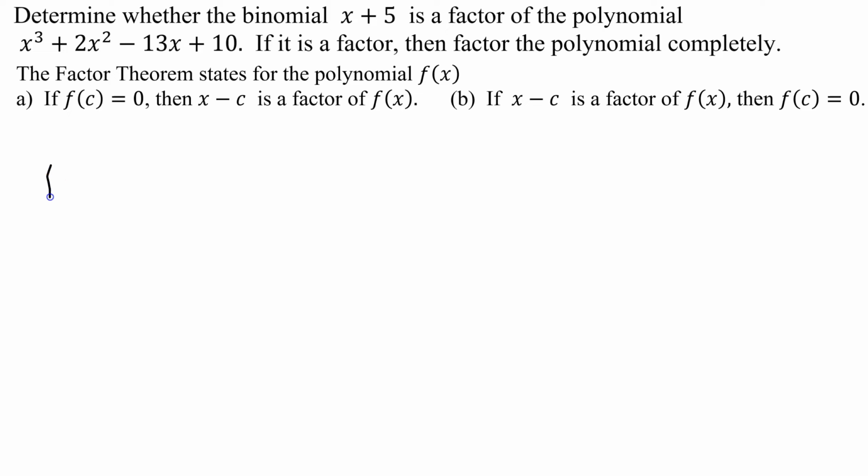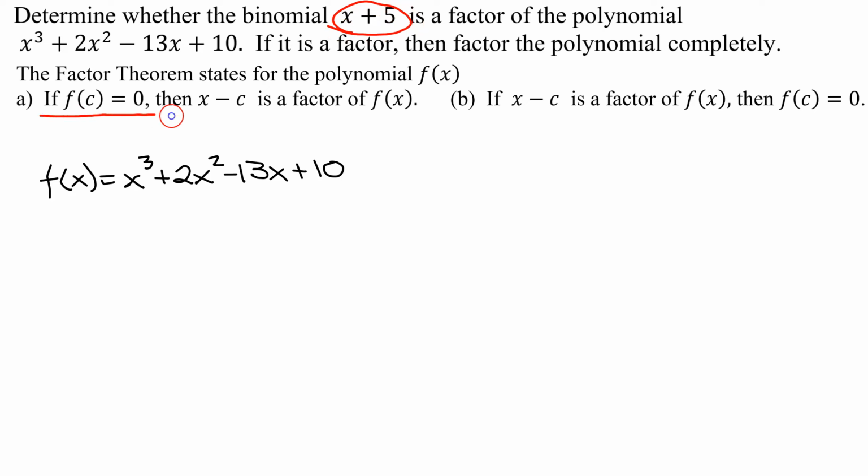In our case, f of x is just the polynomial we're given, so it's x cubed plus 2x squared minus 13x plus 10. And we need to look at, is x plus 5 a factor of the polynomial? So this is the part of the factor theorem I'm going to be using.